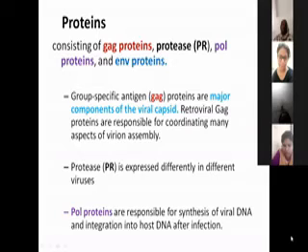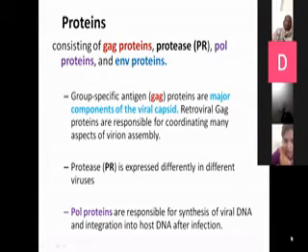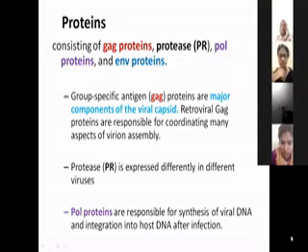Next are the proteins. It consists of GAG proteins, protease, pol proteins, and ENV proteins. These are the main proteins. GAG, or group specific antigen, proteins are the major components of the viral capsid.